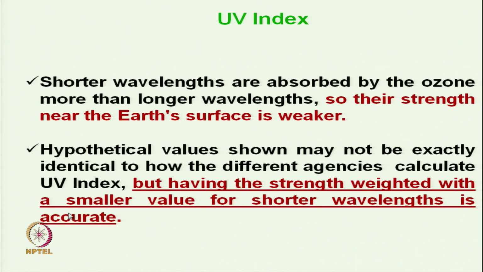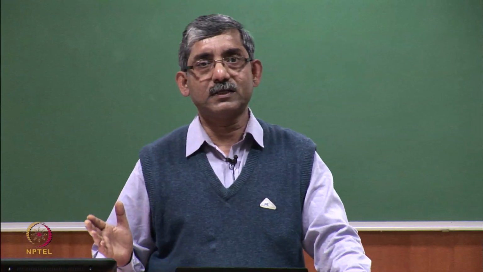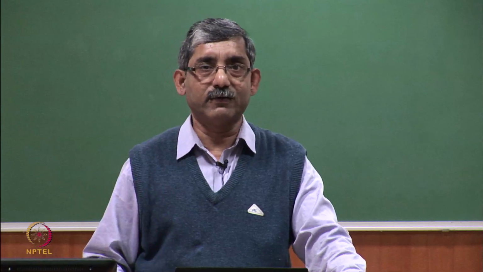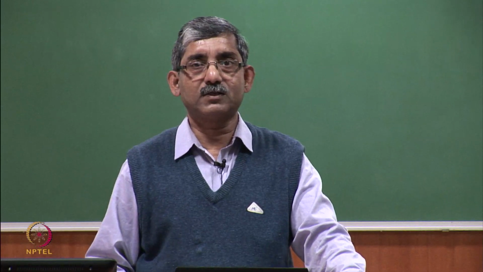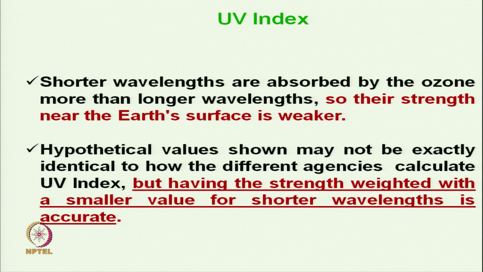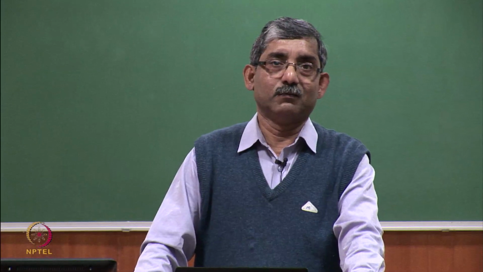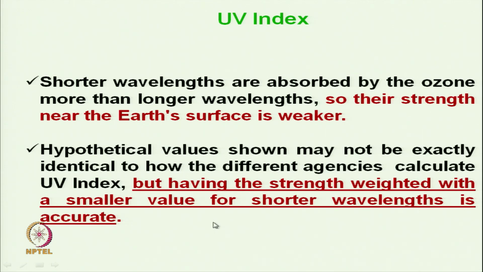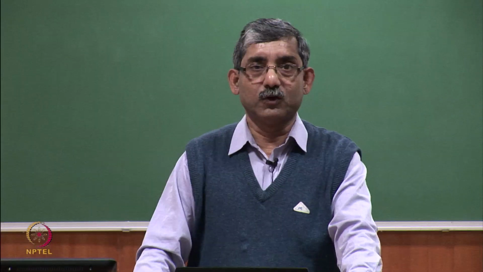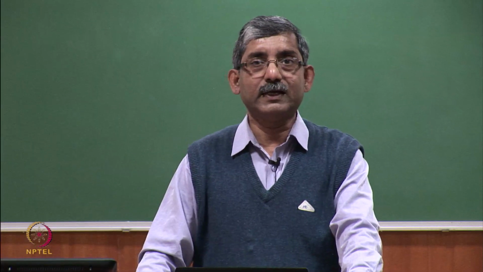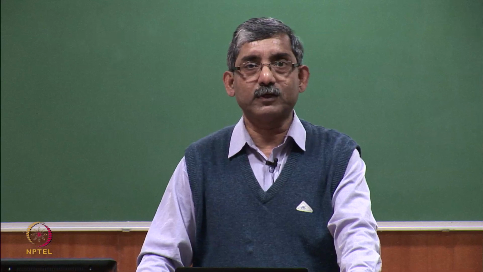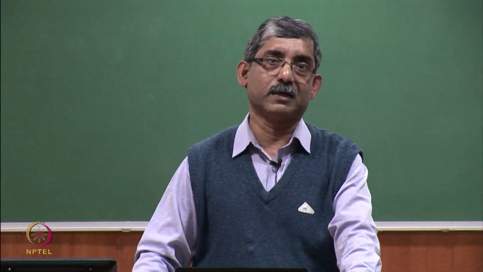Different agencies may give slightly different values, but weighting the strength with a smaller value for shorter wavelengths is accurate, because shorter wavelengths reach the earth in minimum quantity, as they are maximally absorbed by the ozone layer. So, for any calculation, the hypothetical values may differ, but the trend will be the same.